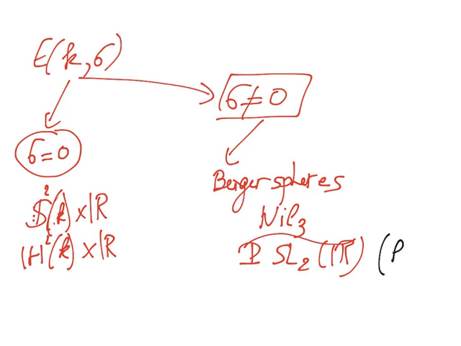This corresponds to the case when kappa is positive, kappa is 0, and kappa is negative respectively. So this is the complete classification of homogeneous manifolds of dimension 3.